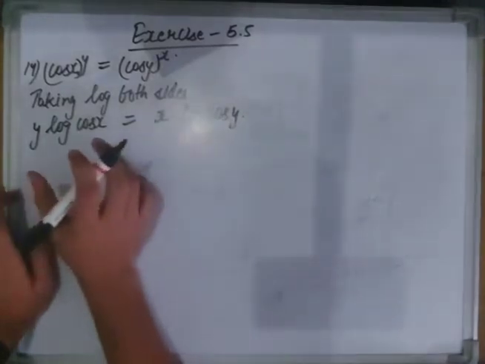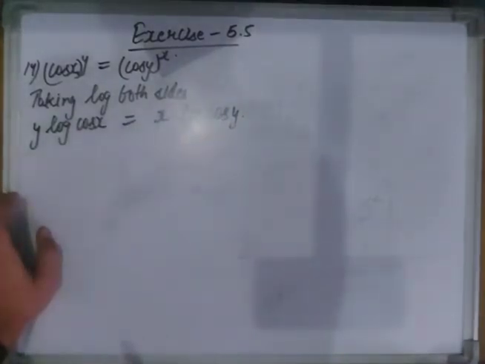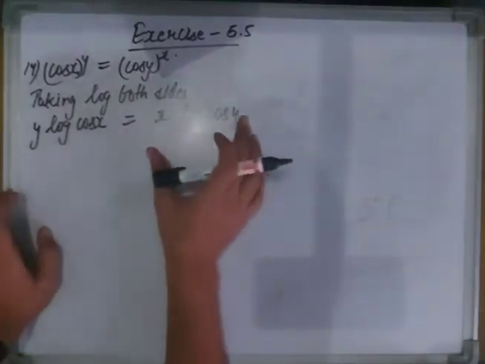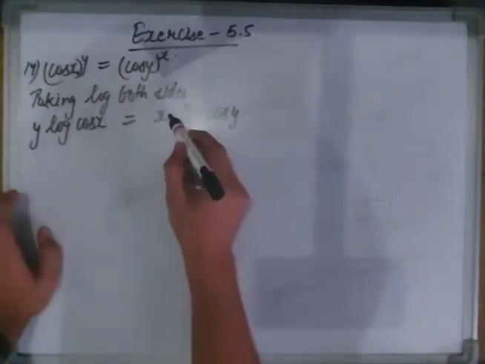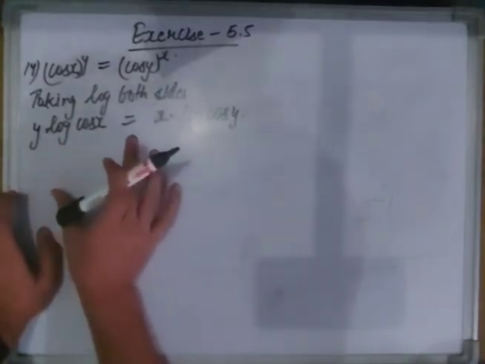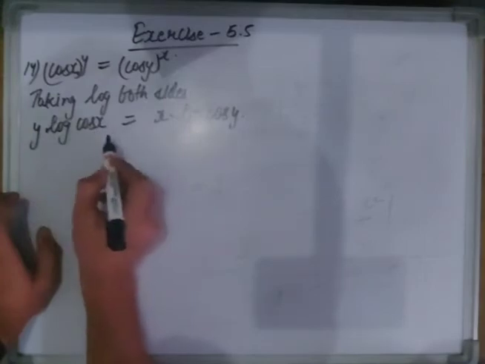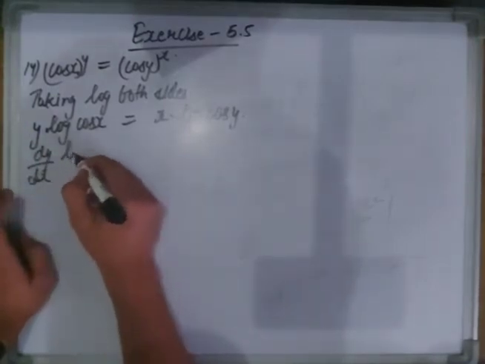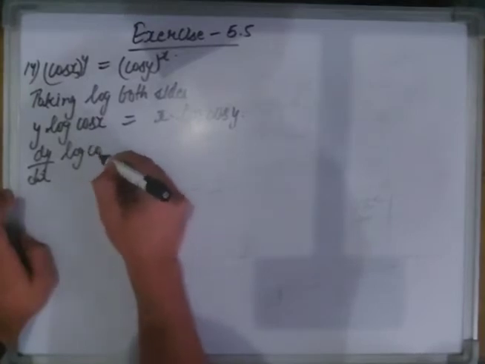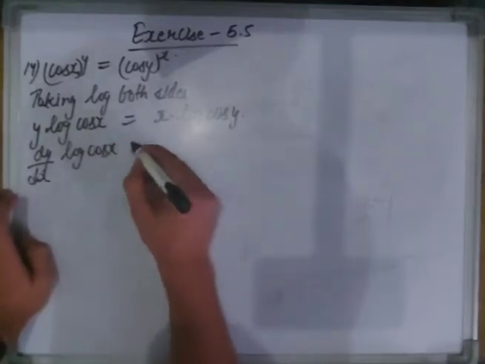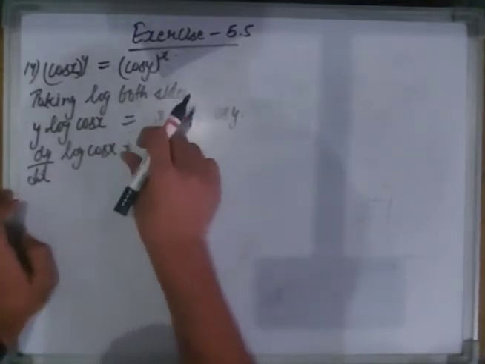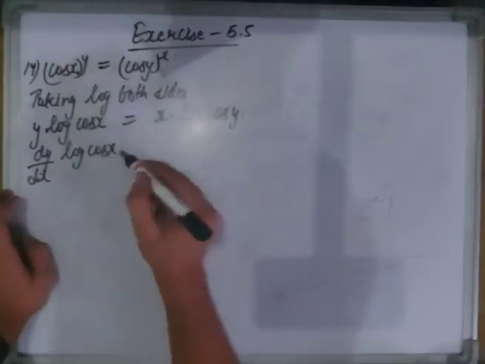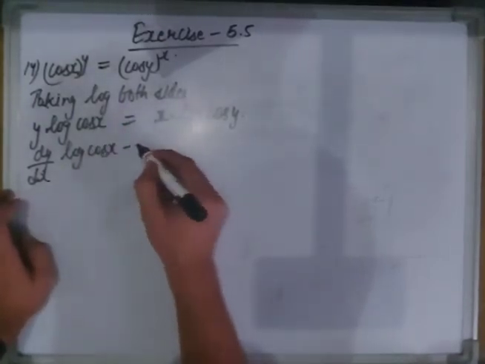Now we need to apply the product rule and find the derivative with respect to x. dy upon dx log cos x as it is, and then the derivative of log cos x. I will prefer to write minus here because the cosine derivative is minus sin x.